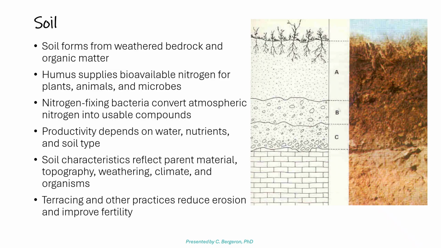So a poor soil will have little organic material, which would impact the soil's productivity. A few other things about soil. In areas that are sloped, you are not going to have as thick of a soil layer as opposed to areas that are flatter, where soils can accumulate.